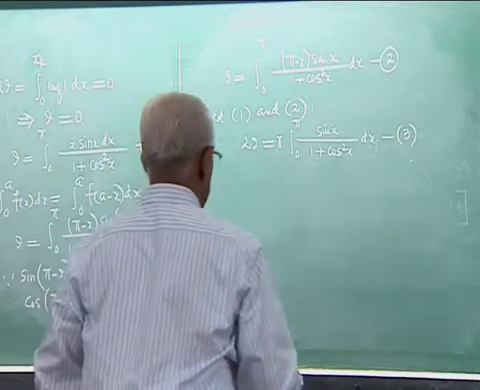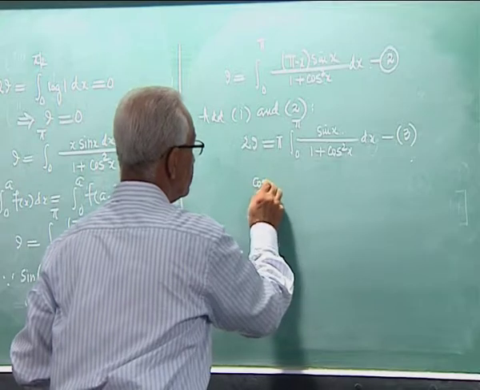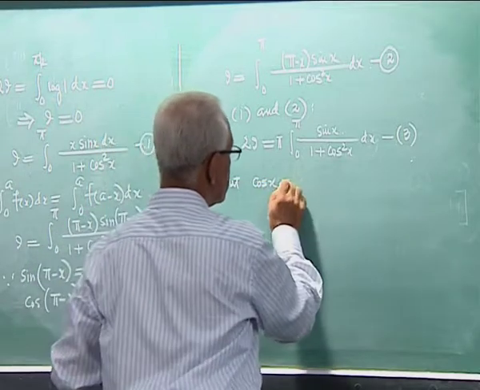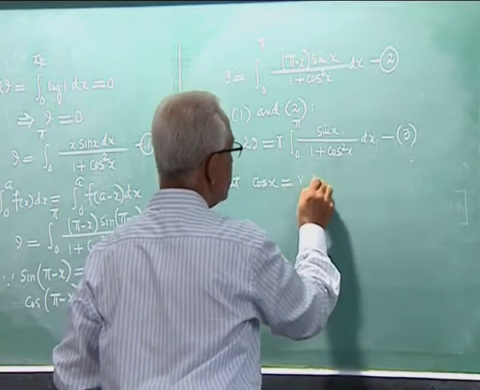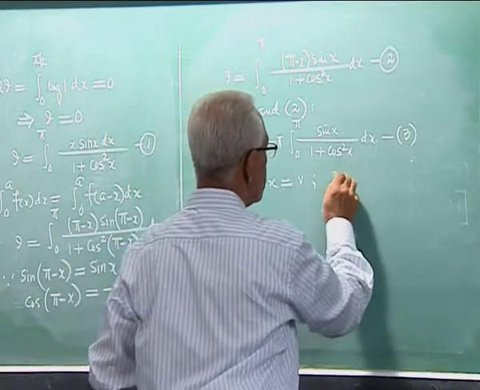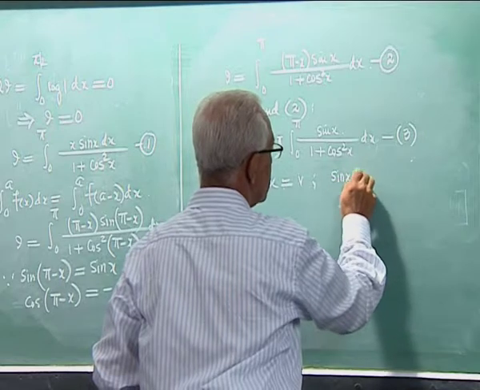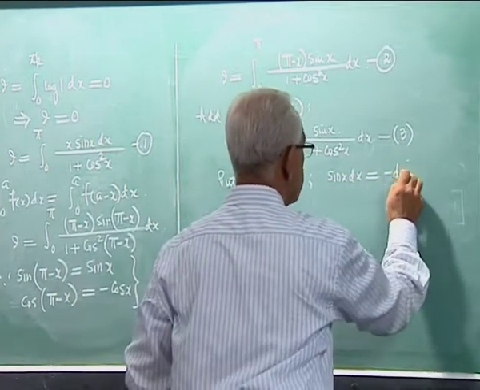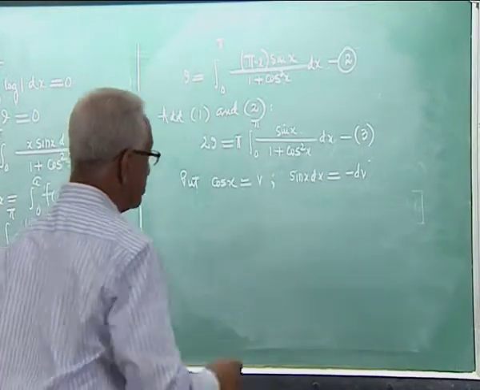Pi is taken outside. We will put cos of x as v, and so sin x dx is equal to minus dv. That is one part. Limits will be changing.